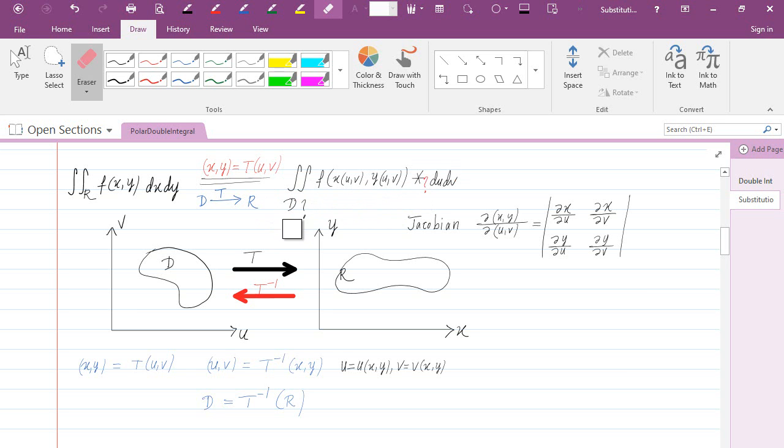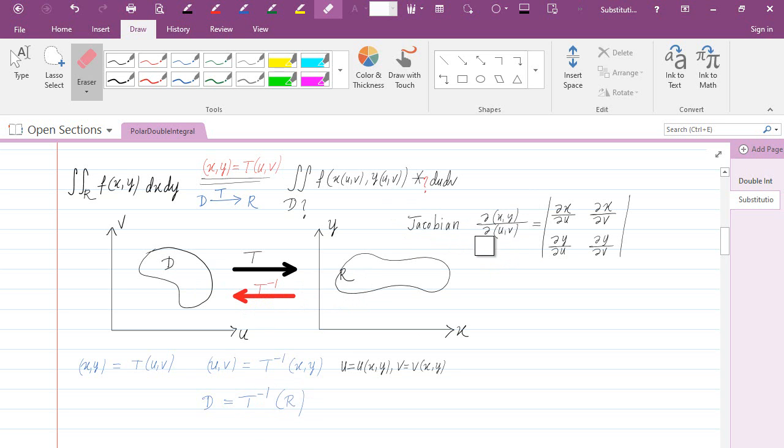So D would be basically the inverse of t applied to the original region of integration. So D is t inverse of R, and in other words, t applied to D is equal to R, and the star here, the extra factor here, is the Jacobian of x y with respect to u v.